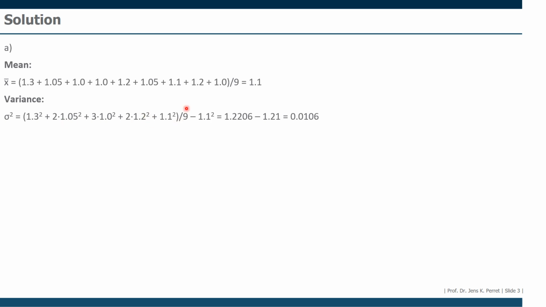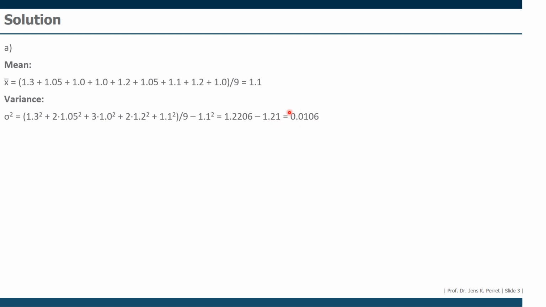Again, because this was the uncorrected version, I divide by the number of observations. So that's the first part. And then I subtract from all of this the squared mean, the squared average I just calculated in the first part, giving me a value of 1.2206 for the first part and for the second part of 1.21.